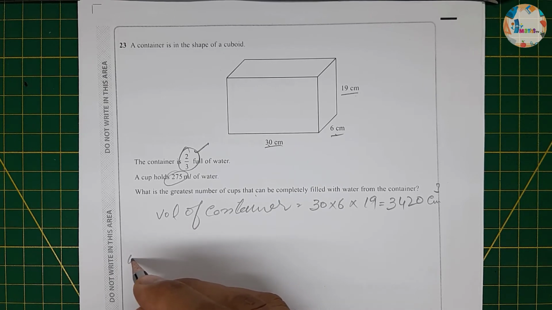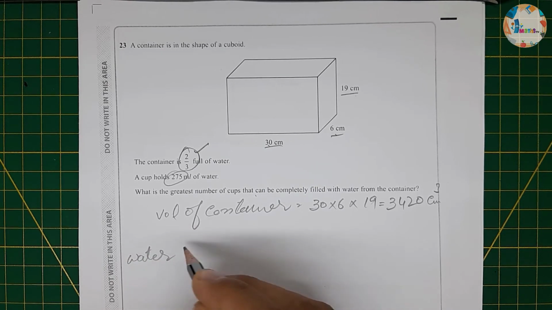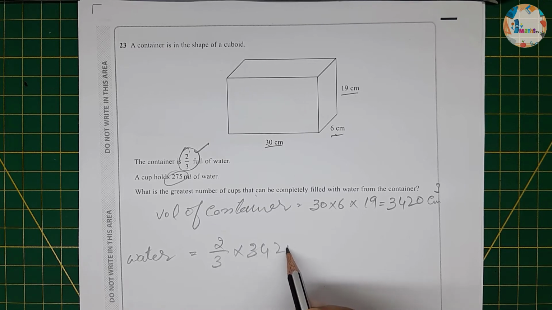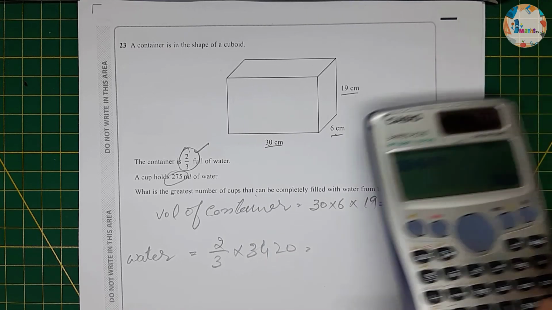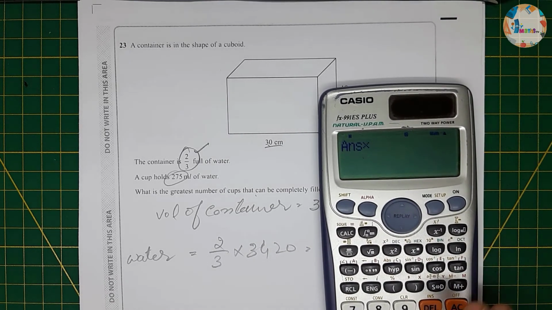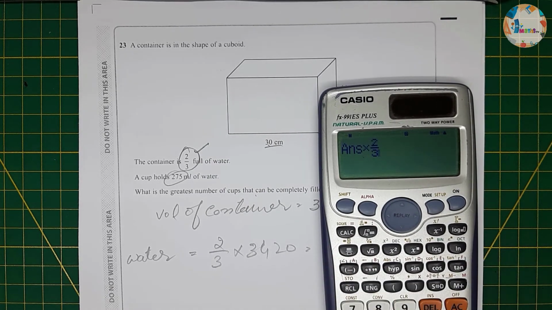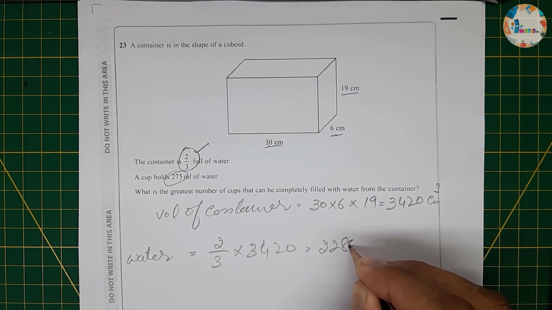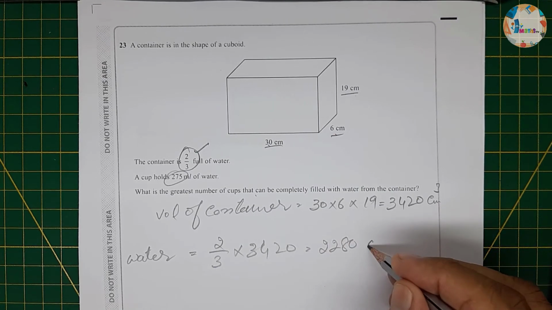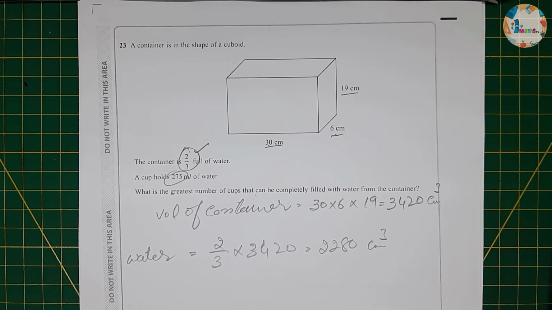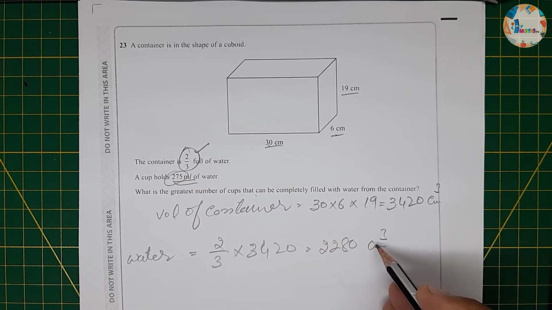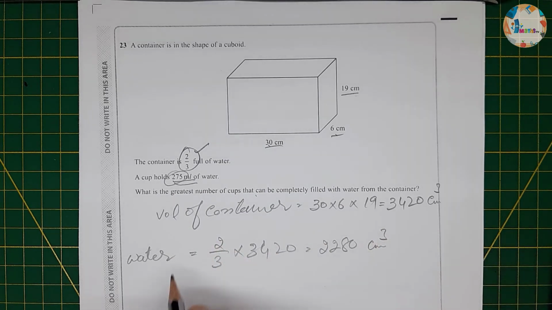Now this is the volume of the container, but 2 by 3 is full of water. So water is equal to 2 by 3 of 3420, multiplied by 2 over 3, which is 2280 centimeters cubed. The cup is 275 ml, and 1 centimeter cubed is equal to 1 ml, so we can divide.